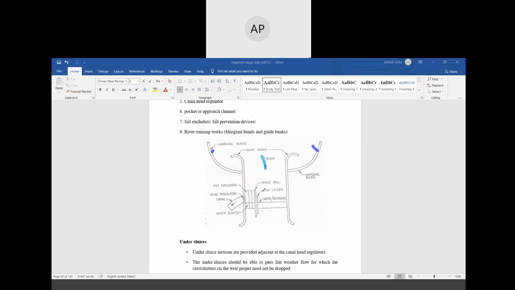Here, these are the silt excluder, head regulator, canal. This is the canal. This is the under sluice. This is the weir or barrage. This is the fish ladder. This is the divide wall. And these are the marginal bunds. Okay. So under sluices. What is an under sluice?